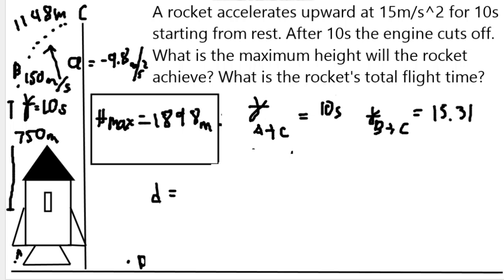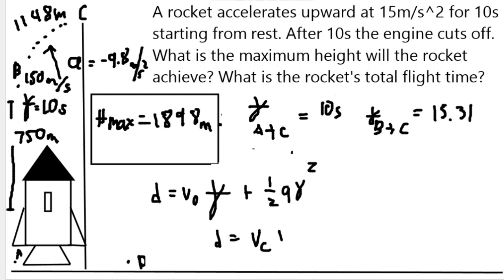That's pretty much fast, so we can just use this equation: distance equals initial velocity times time plus 1/2 acceleration times time squared. And the distance here is going to be the maximum height. So VC is cancelled. We already know that there's no velocity at the highest point. So we get this equation.